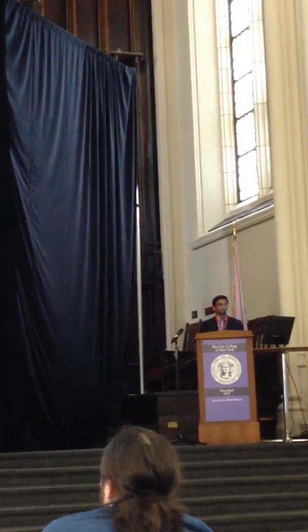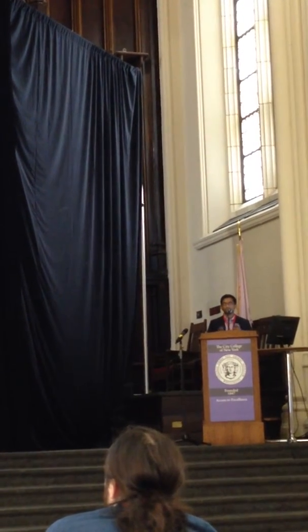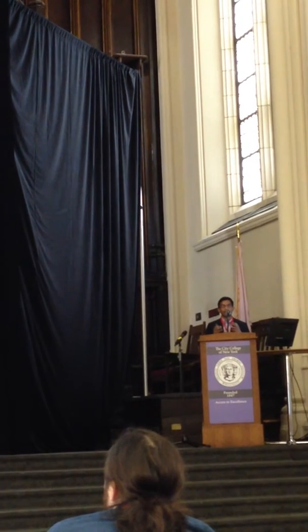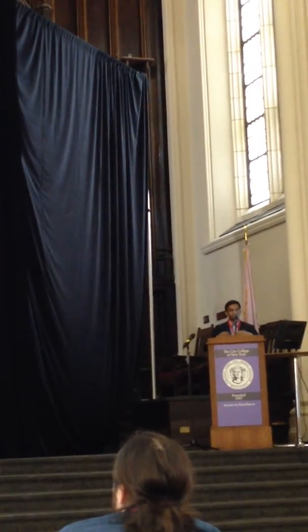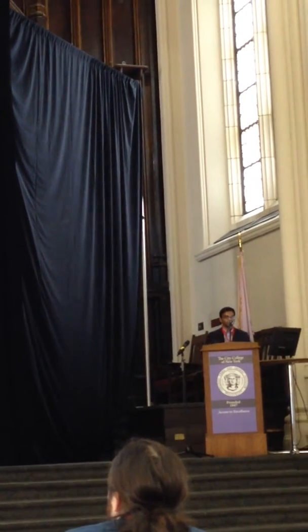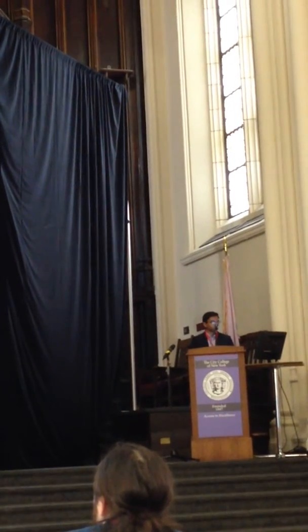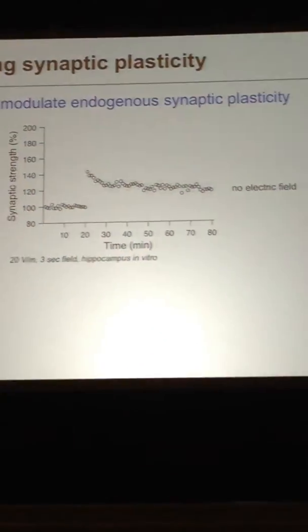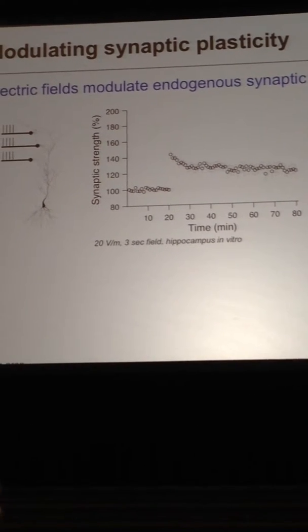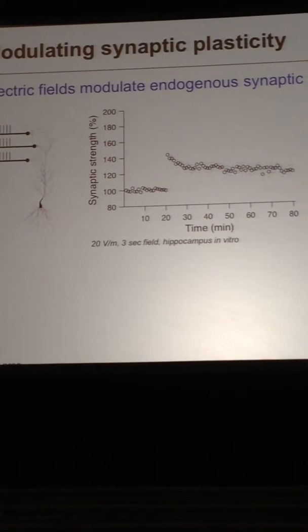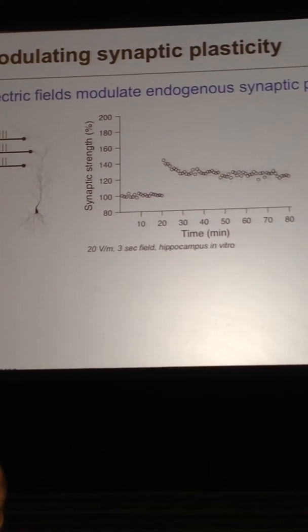Go back to the brain slice and take this hypothesis and formulate it in a way where we can ask this question on a very cellular level and sort of build from the bottom up, right? And so we can design an experiment to test a very specific hypothesis that during DC stimulation, the endogenous plasticity will be modulated, right? So the first thing we have to do is induce this plasticity.